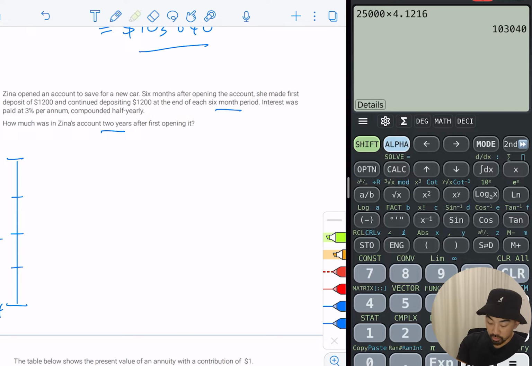Now, the detail here is she's putting $1,200 and she doesn't put the $1,200 until 6 months after she first opened the account. So in this sentence there. I'm just going to write down, she puts 1,200 here and she puts 1,200 for each 6 months after that.